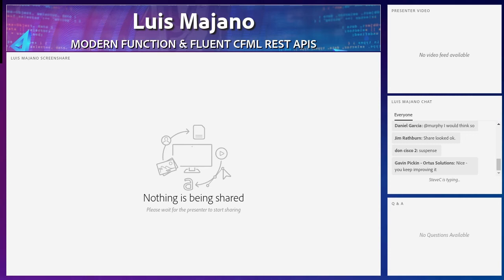Jim Eisenhower asked a cool one: can you explain how multi-tenancy is handled using CFC's API capabilities? So this is mostly for routing. In the router, you can actually deal with different domains as well. I'll try to leave a link here for that.